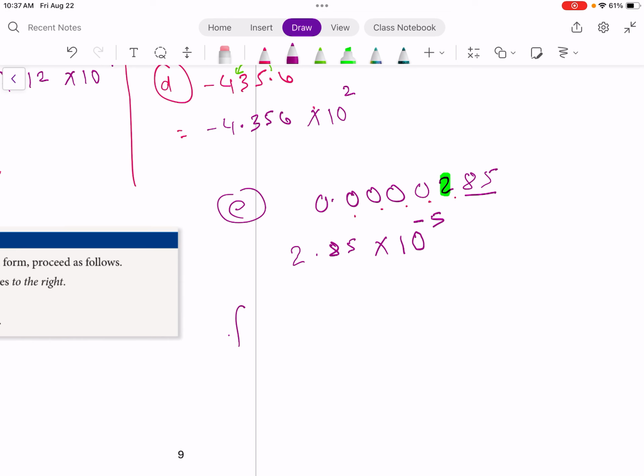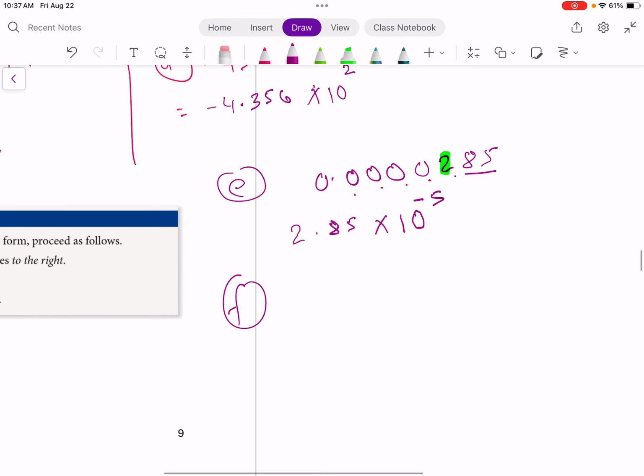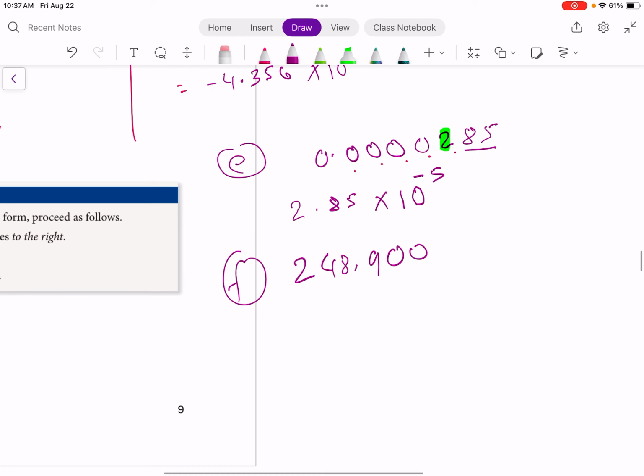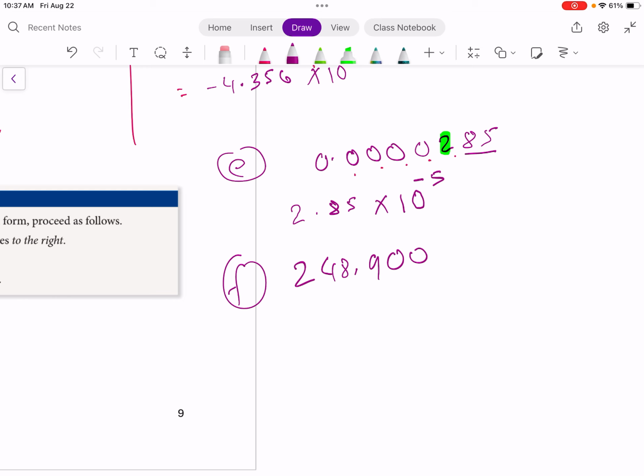So this is the case when we have a very small number. Now if we have a very big number, let's say we have 248,900, then we can rewrite this using scientific notation. Write down the first digit 2, then write down the decimal, remaining digits 489. You can ignore the 0s, times 10.